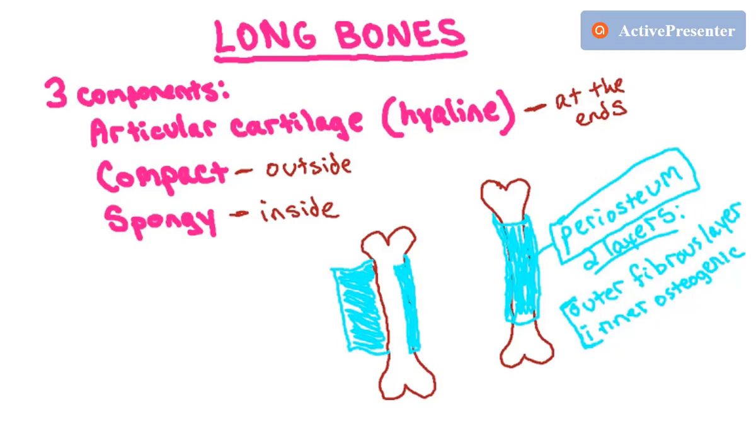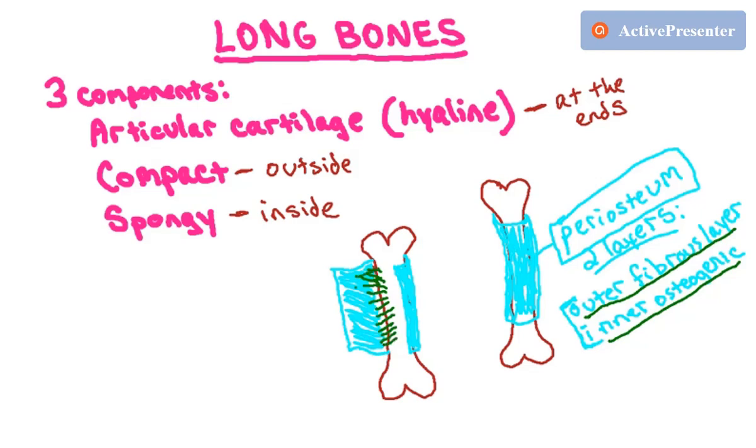Attached to this periosteum are these little tiny, like Velcro like things that start at the outer fibrous layer, and they penetrate and go through the inner osteogenic layer, and they come inside toward the bone, and they stick to the bone. And it's like I said, it's like Velcro.